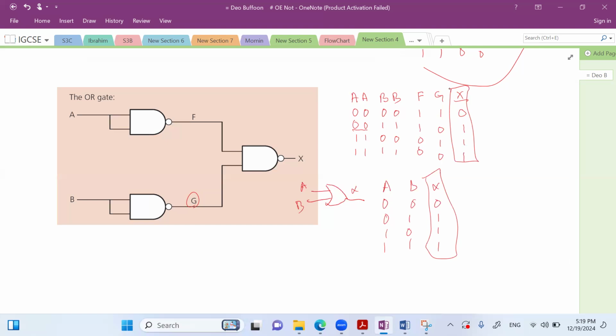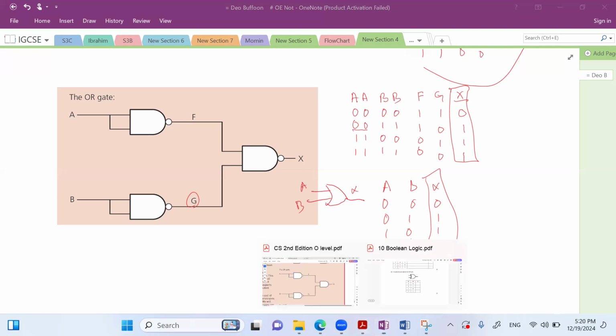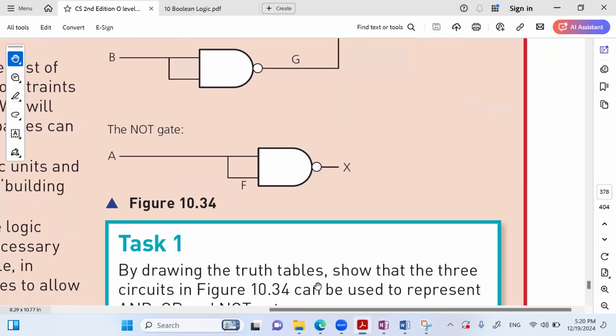If we don't have an OR gate, but we have multiple NAND gates together, forming it like this will have the behavior of an OR gate, and vice versa, right? We have the final one, which is a NOT. Try it by yourself. Is it possible to make a NOT gate with the help of this?